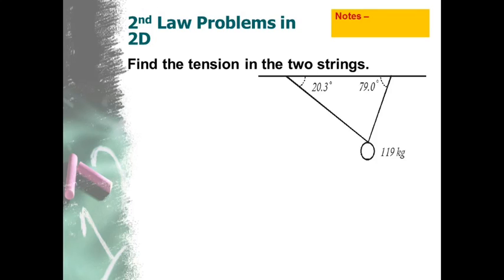All right, so the first thing we want to do is draw a free body diagram on this 119 kilogram ball here. So I have a gravitational force working in the downward direction, which is equal to m times g, little g. And let's go ahead and figure out what that is.